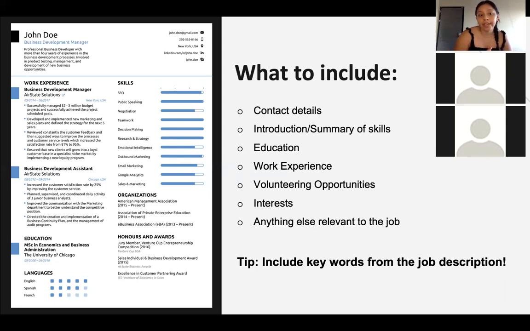So for example, if I were applying for a marketing job as a student and I don't have a lot of marketing experience related to work positions, or paid positions, sorry, I would probably add some projects that I did for university that are related to marketing, because those also showcase my skills.